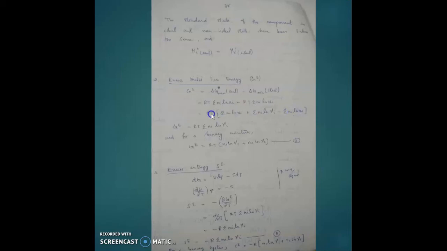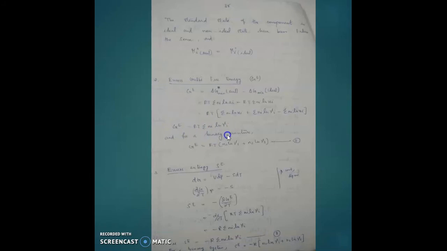RT is taken out here, right? So we have two terms, sigma Ni ln Xi, plus and minus, which cancel out. So we have excess Gibbs free energy G^E is equal to RT sigma Ni ln gamma i. Okay, so this is the general expression for any system.